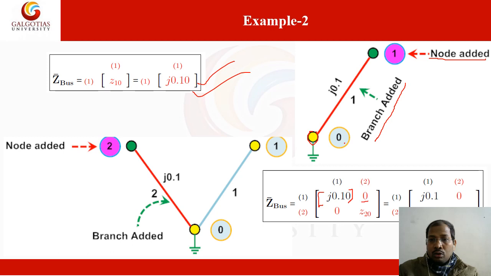Here there is no connection between bus 1 and 2, so we put 0 in the off-diagonal positions, and this is Z20. We can take this value in this way. So here Z20 is nothing but j0.1, and we are getting the diagonal elements.